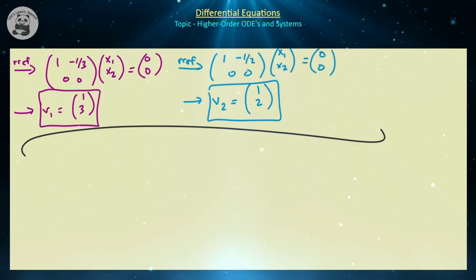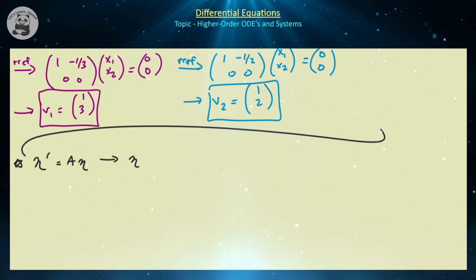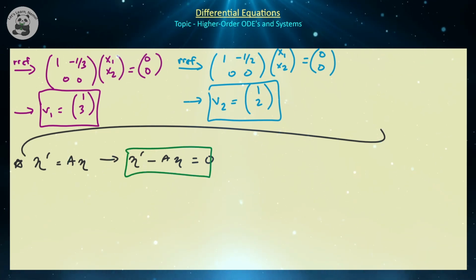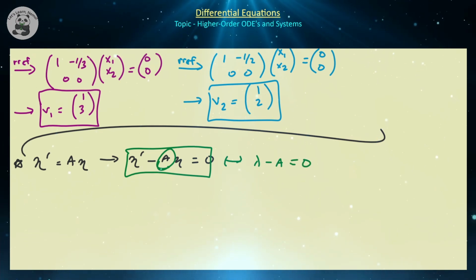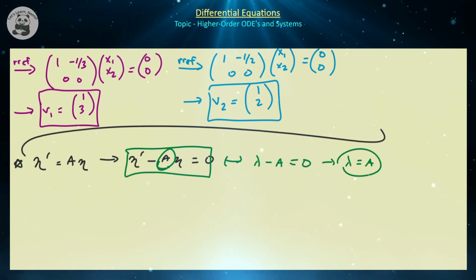So if we look at this matrix differential equation, eta prime is equal to A eta, which is the same thing as eta prime minus A eta is equal to 0. If we start to treat eta as a variable, not really a matrix, then this is still a constant coefficient first order differential equation with characteristic polynomial lambda minus a is equal to 0, which means that lambda will be equal to a.